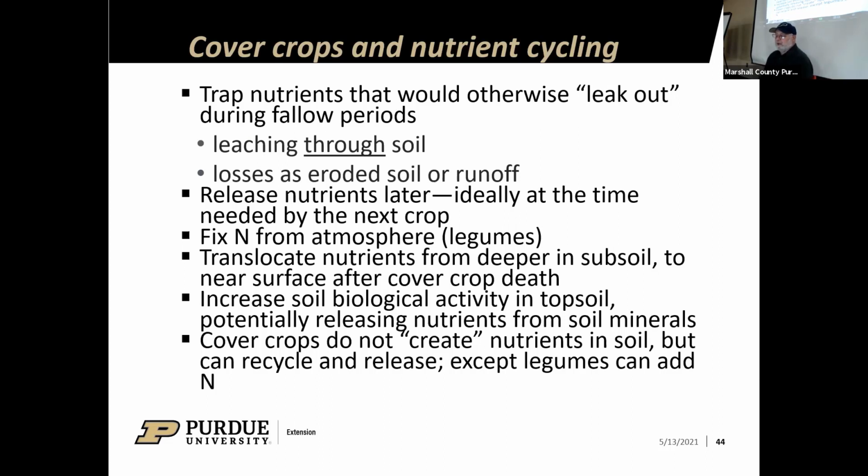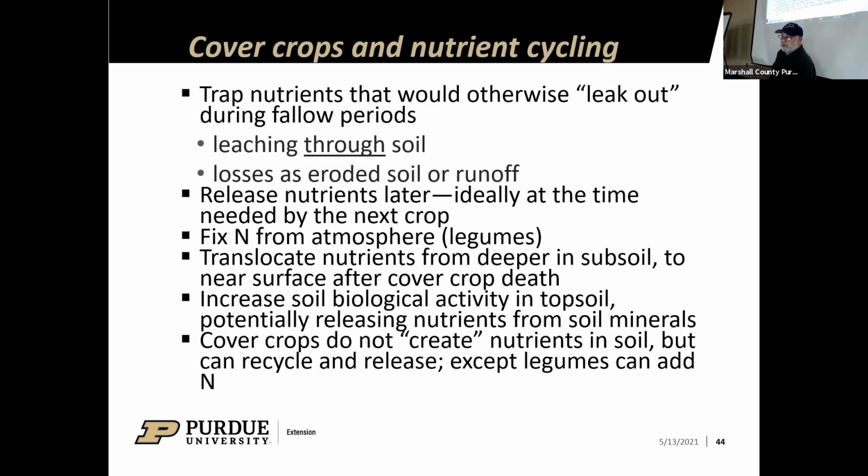But it'll do it based upon the carbon to nitrogen ratio present in that cover crop. So if it's higher in nitrogen in the cover crop tissue, they'll tend to break down quicker than things like cereal rye, which tend to be high in carbon.